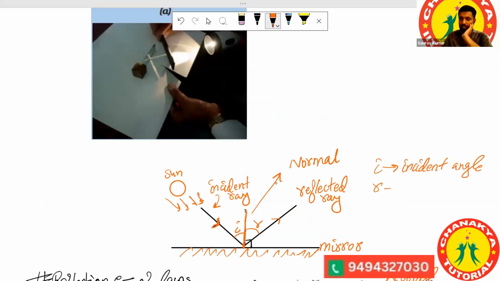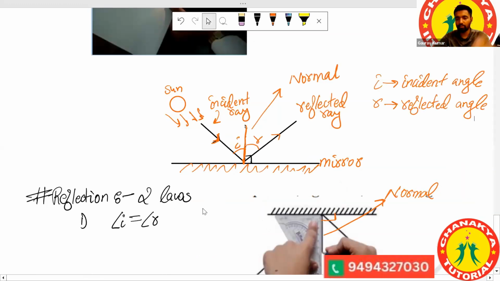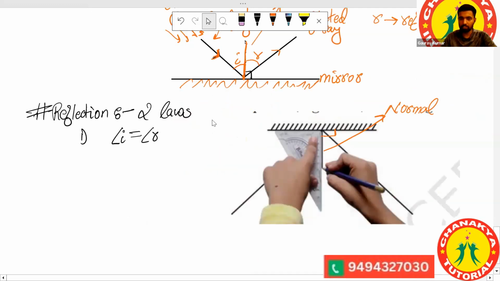R is the reflected angle. So if a light is reflected from this surface, which is a mirror, the incident angle made by this incident light with the normal is equal to the reflected angle.